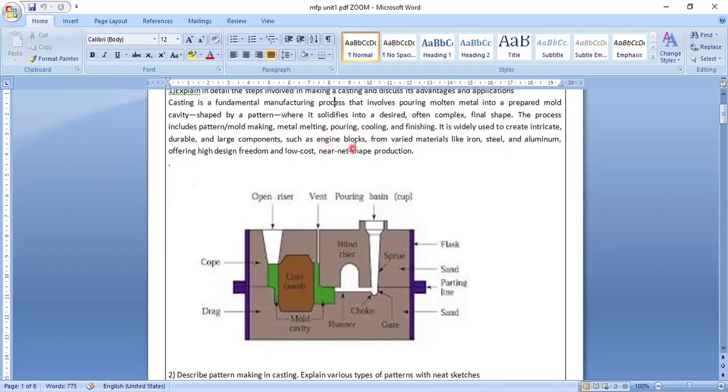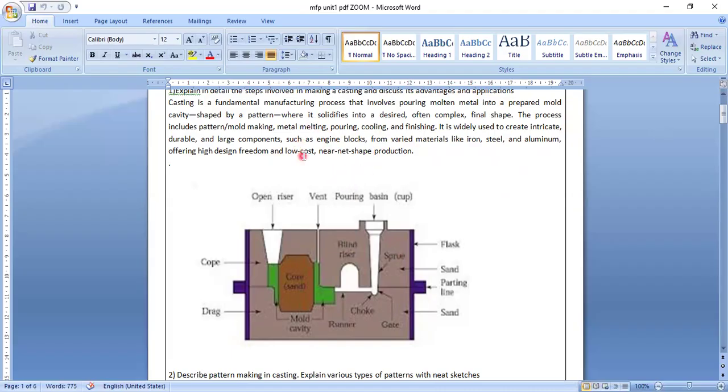Engine blocks can be made from varied materials like iron, steel, and aluminum, offering high design freedom and low cost. So this is a low-cost way of manufacturing a big item or component.